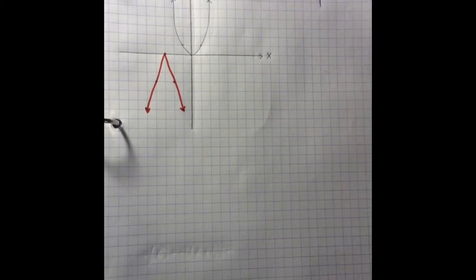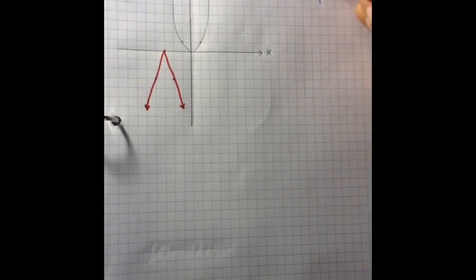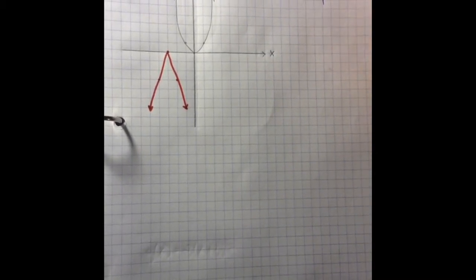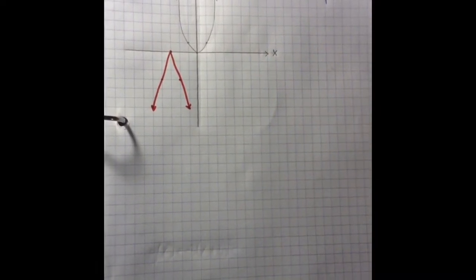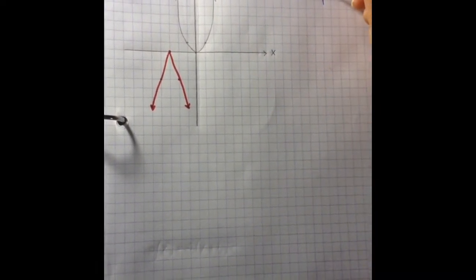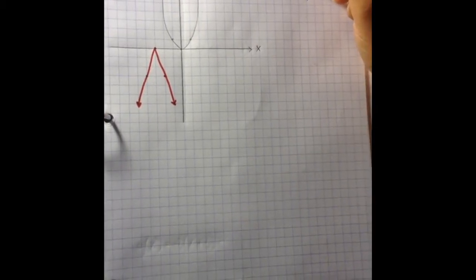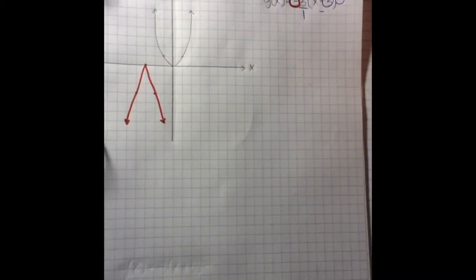So basically when there's a negative in front of the slope, it completely reflects to the other side. So it reflects down. And if the slope is a higher number, like a 3, or if the slope isn't a fraction and it's a whole number, then it's going to be narrower.